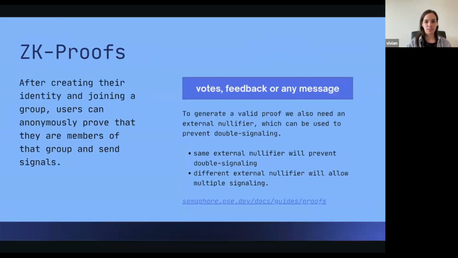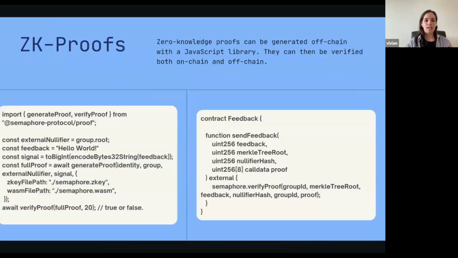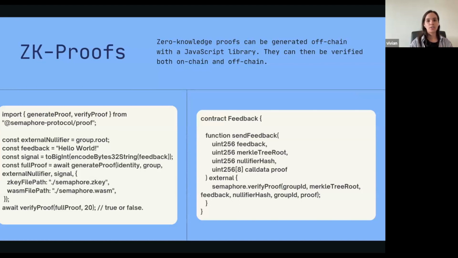Okay, I think I was here. And this is the way to create a proof and to generate and verify. The zero knowledge proof can be generated off-chain with a JavaScript library, and it can be verified both on-chain or off-chain.